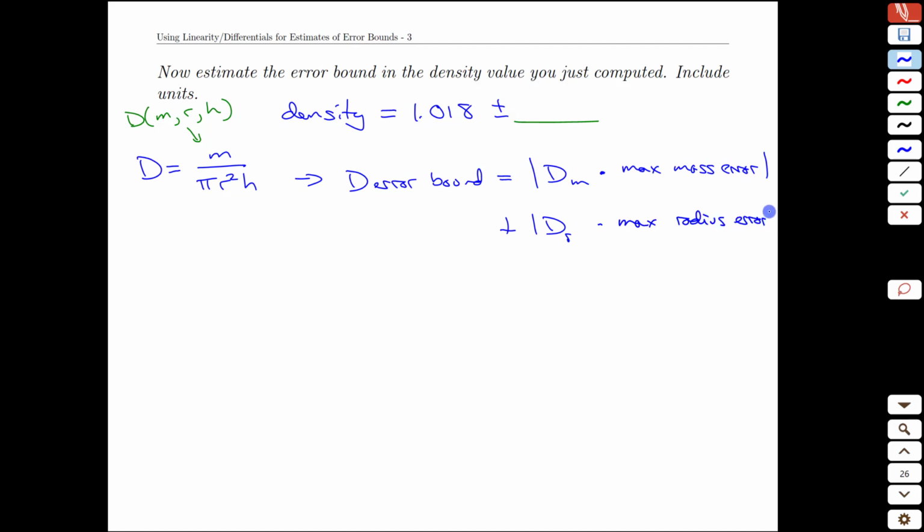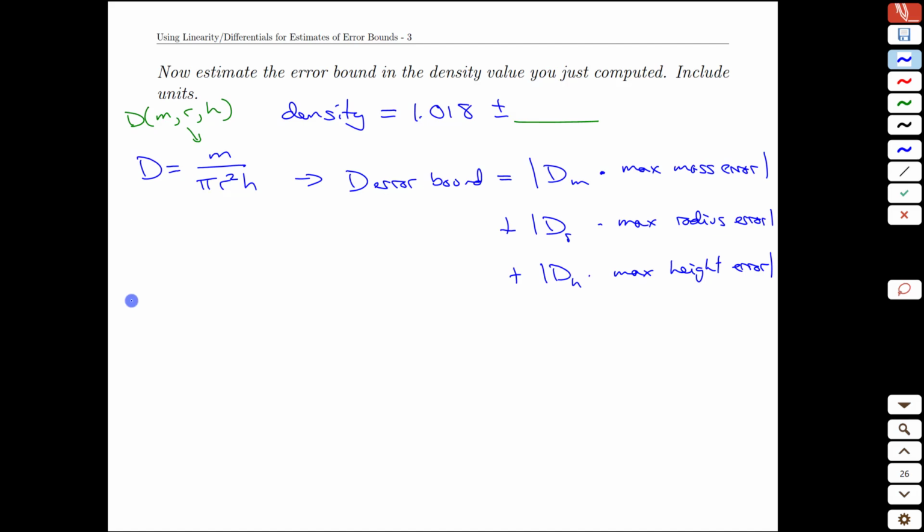And again, the absolute values are here simply to eliminate plus and minus errors canceling out. Last but not least, the height times the maximum height error. So this is how we reflect the linearization formula for errors, or extend it to errors in a particular application. And this error bound is what's going to go in here when we're done.